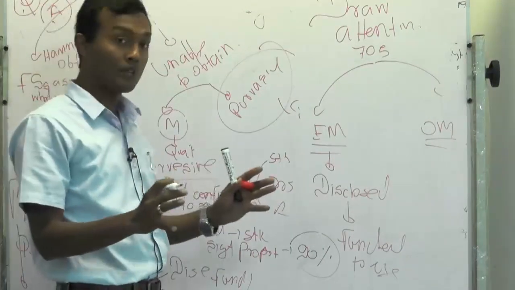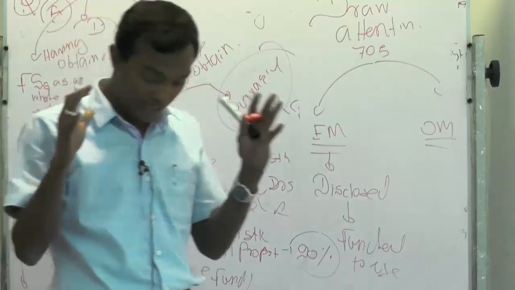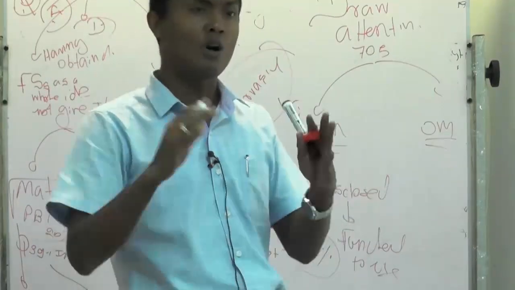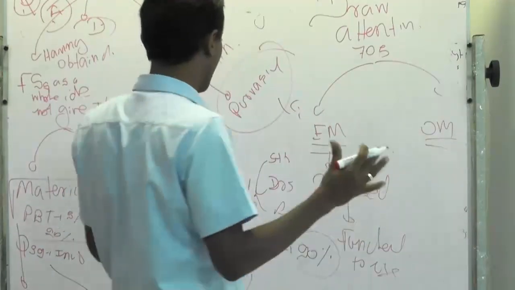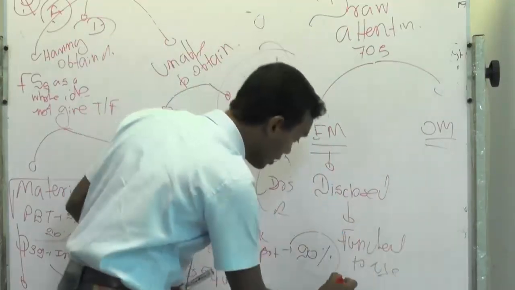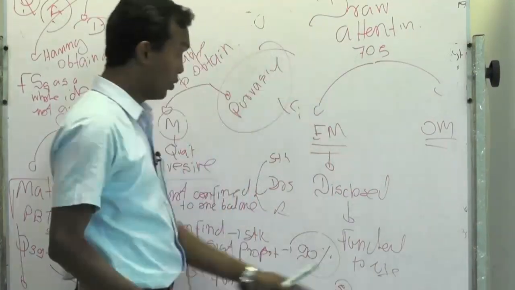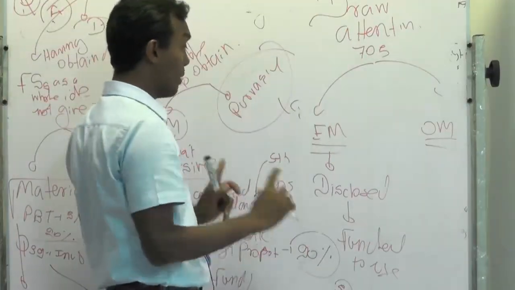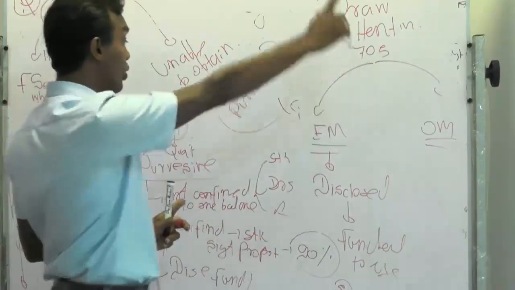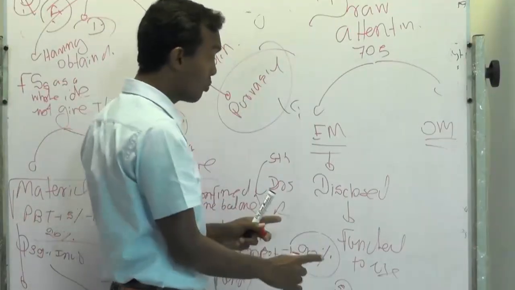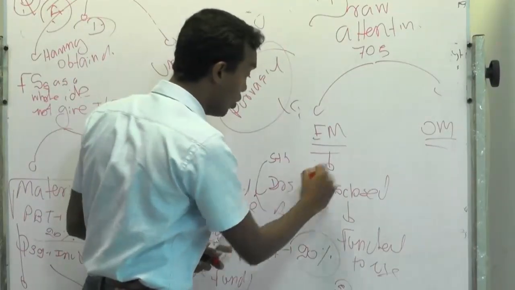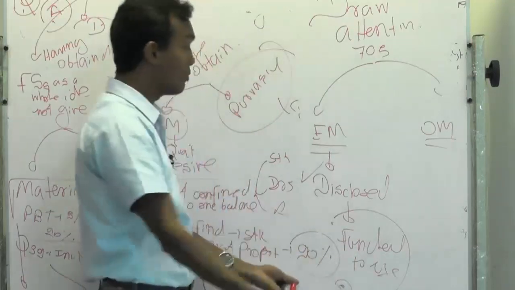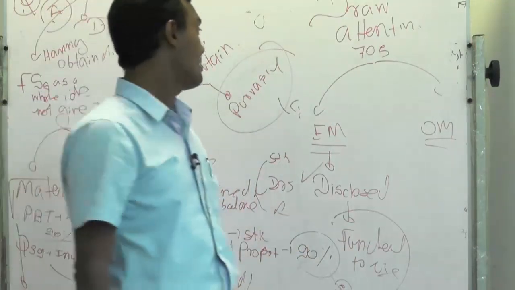In a company's set of accounts, there is a paragraph saying there is a legal case, this company is having a lot of trouble, and there is a paragraph like that in a big annual report on page number 50. Now, a user may not read page number 50. In the auditor's report, you will write a paragraph saying that we draw attention to page 50, there is a problem, that problem is disclosed and fundamental. Why fundamental? The company is going to fail, right, that is the emphasis of matter.